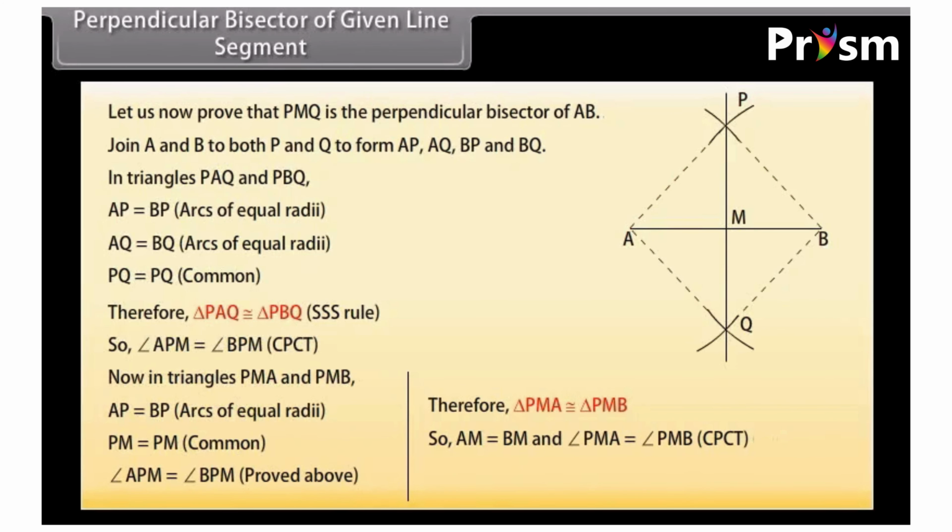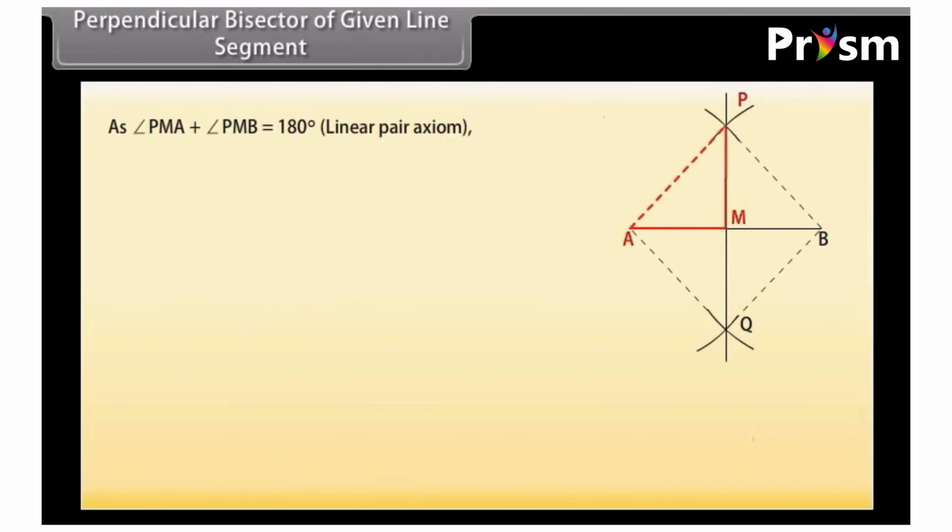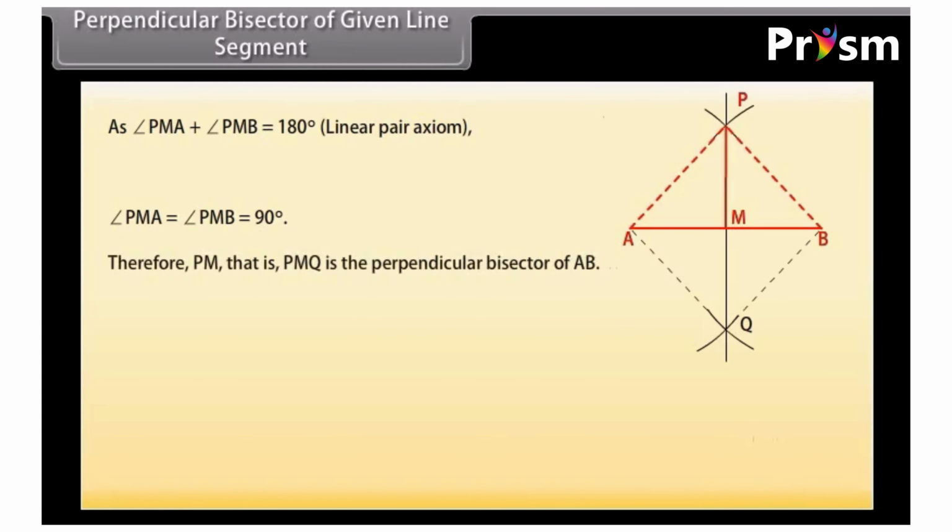Now by using linear pair axiom, angle PMA plus angle PMB is equal to 180 degree. Or we can write it as angle PMA is equal to angle PMB, which is 90 degree. Therefore, PM, that is PMQ, is the perpendicular bisector of AB.